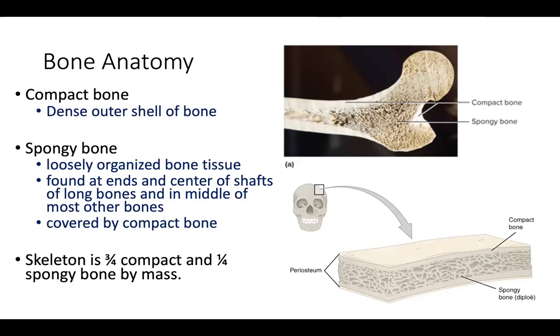Typically what you have depends on the shape of bone you're looking at, but compact bone will be on the outside, spongy bone will be in between layers, like this in the skull. So compact bone is often sandwiching spongy bone in between.